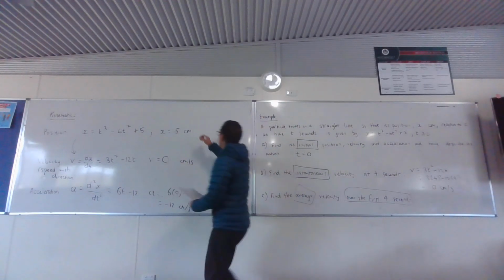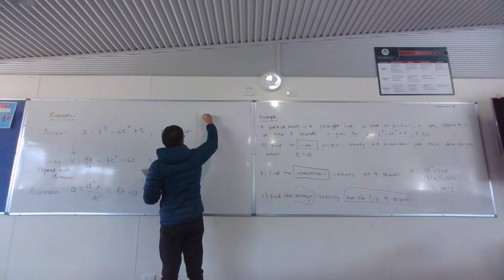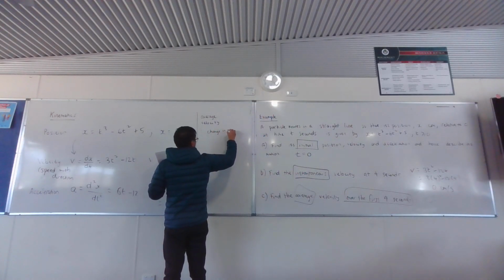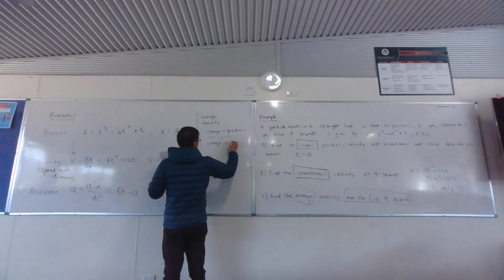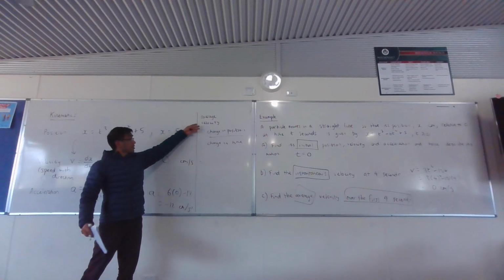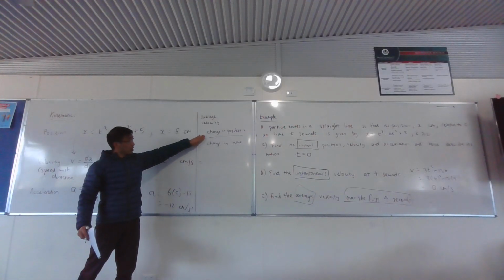We'll do this question up here. If you want to find out average velocity, average velocity is a rate of change still, but it's change in position over change in time.